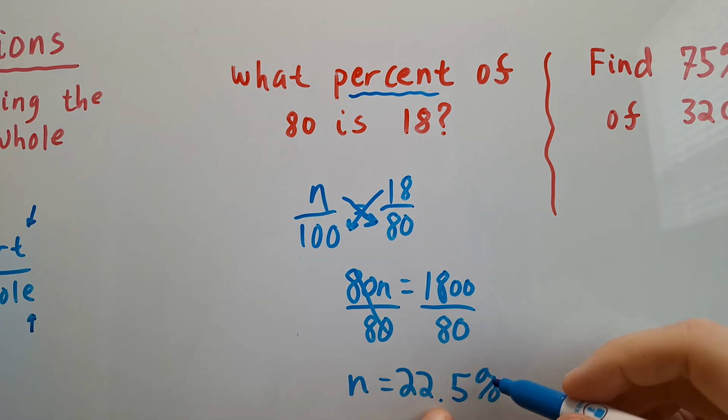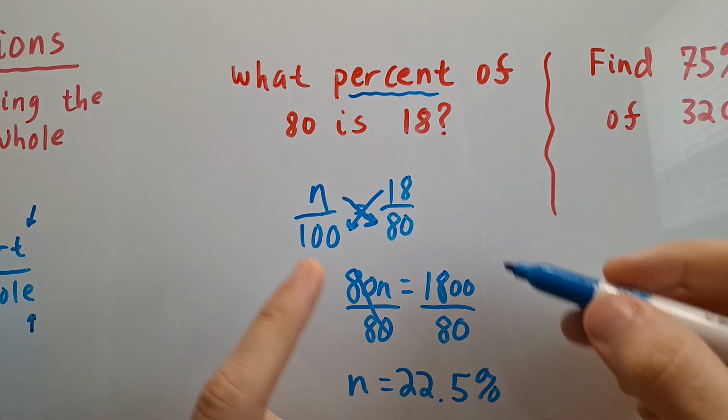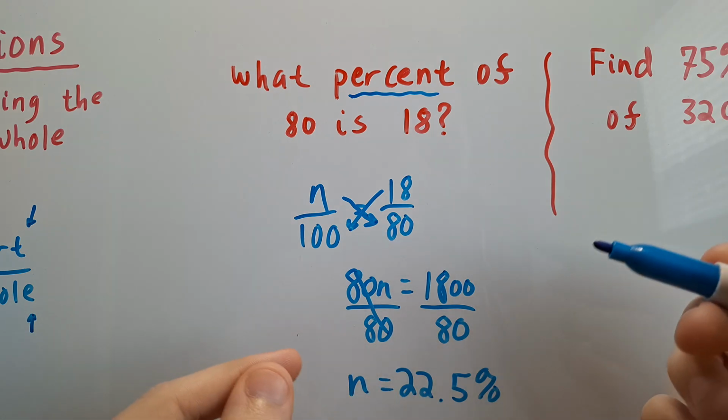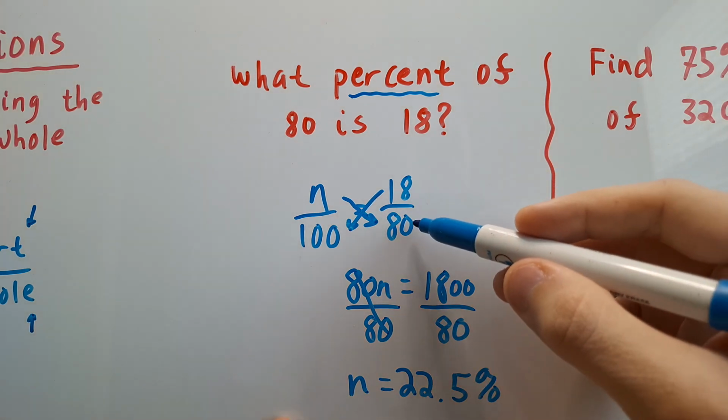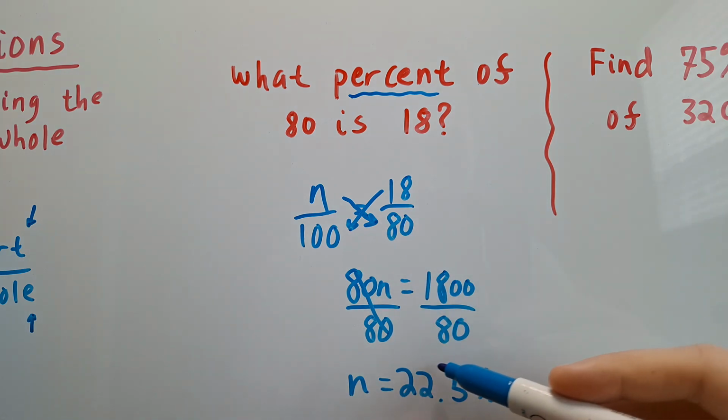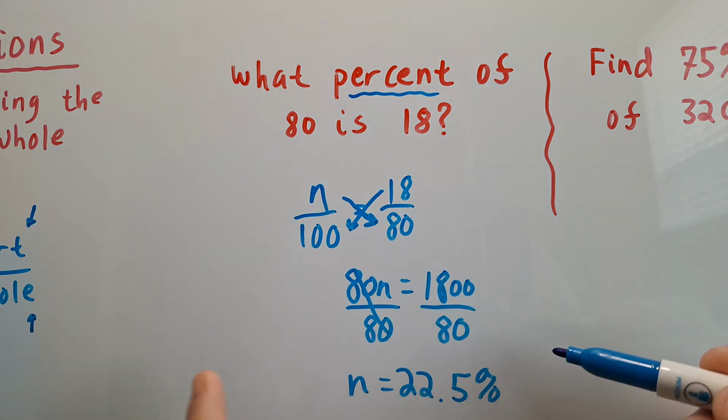So you will sometimes have percents or numbers that are decimals, and that's okay. It's also nice to go back and check your work to make sure you did it right too. If you plug in 18 divided by 80 into a calculator, you'll get 0.225, and that shows you that percent value.